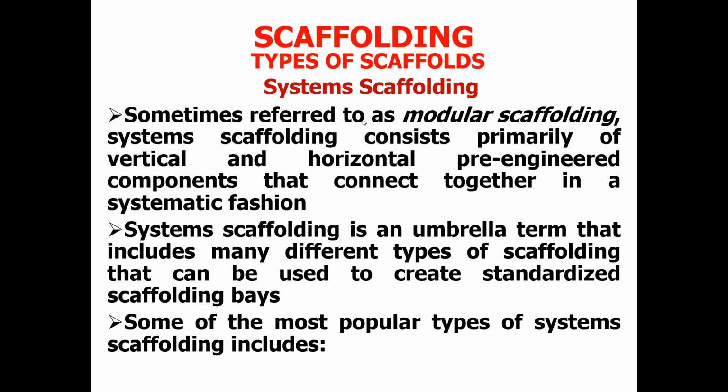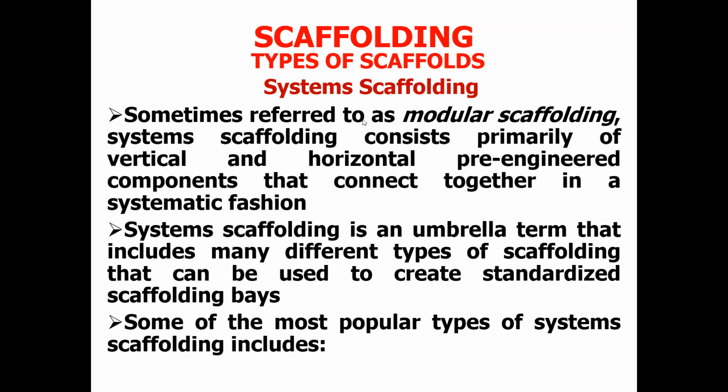It consists primarily of vertical and horizontal pre-engineered components that connect together in a systematic fashion. Systems scaffolding is an umbrella term that includes many different types of scaffolding that can be used to create a standardized scaffolding base. And we're going to discuss some of the most popular ones.